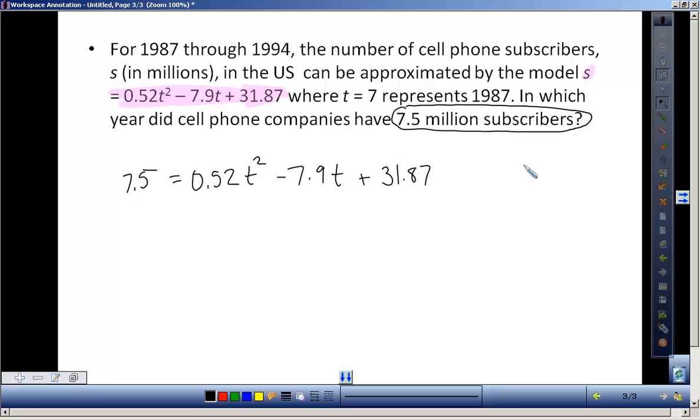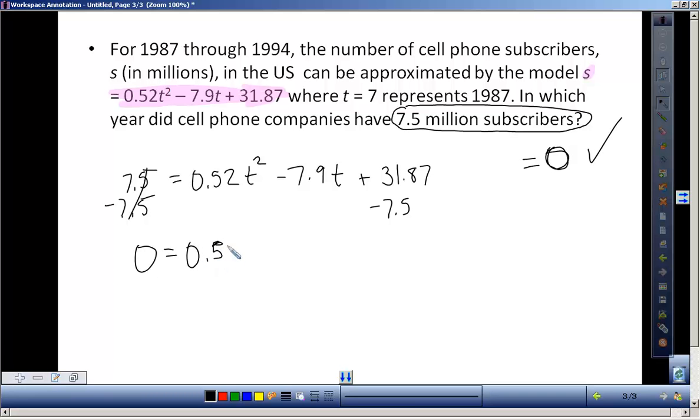Solve. Solution. That's interchangeable with x-intercept and zeros. I'm looking for a 0, but in order for me to use that method, this has to be equal to 0. That's the big thing. I've got to make it equal to 0. So to do that, I'm going to subtract 7.5 from both sides.